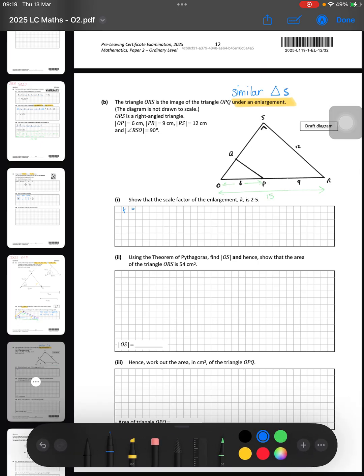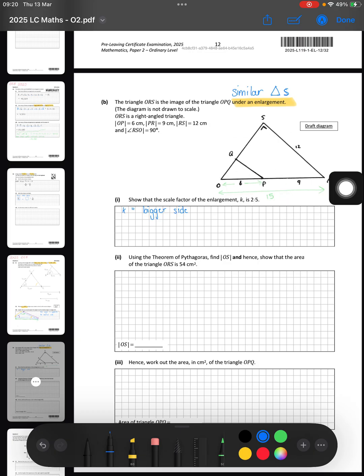So when we're looking at the scale factor, we can say it's the bigger side over the smaller side, or the smaller side over the bigger side, depending on which way they've asked for it. Here, when they're talking about the image of the triangle, it's the new one, the bigger one is the image.